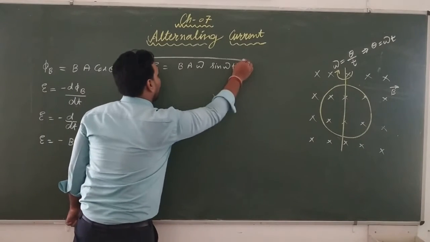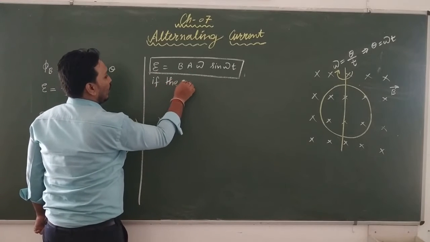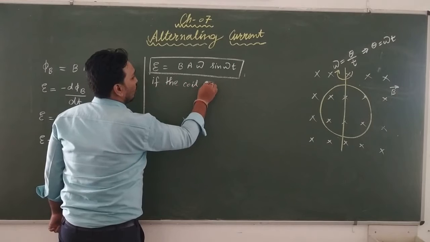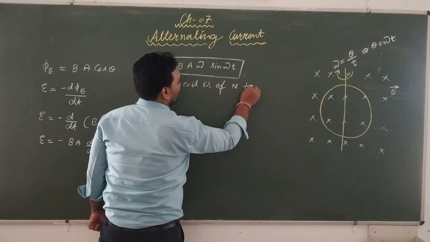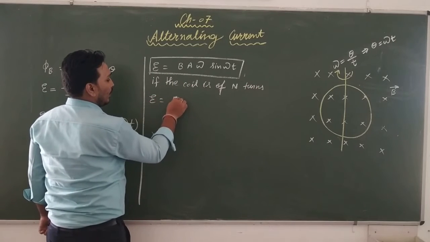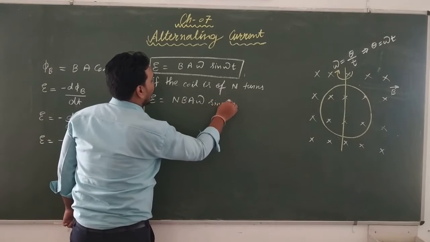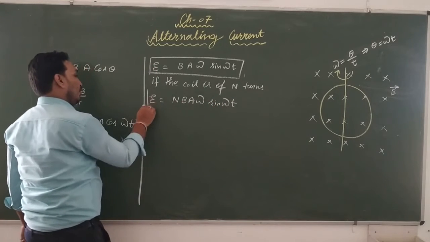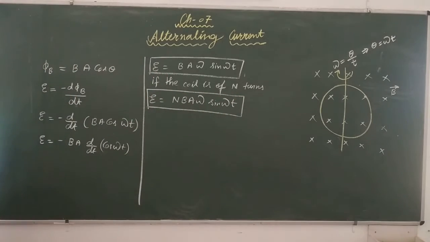If the coil is of capital N turns, then we have E equals N B A omega sin omega t. So this is the EMF induced in the coil.